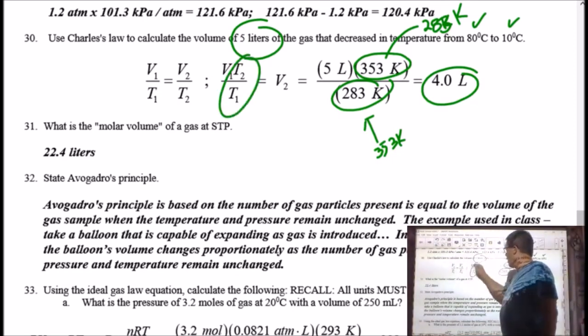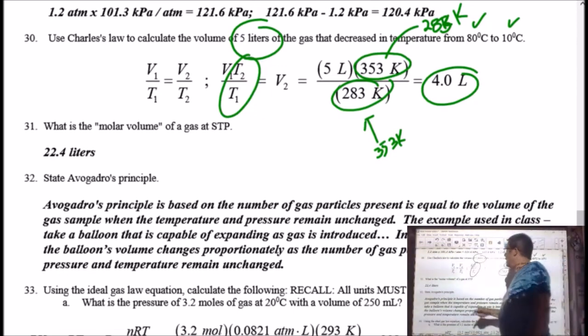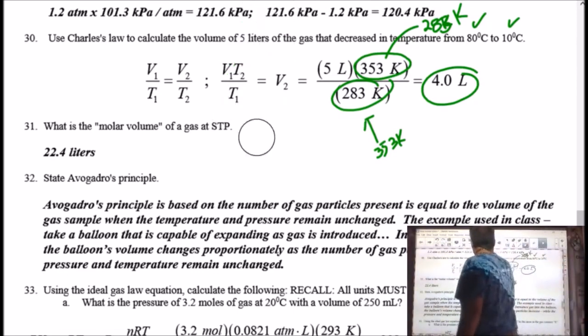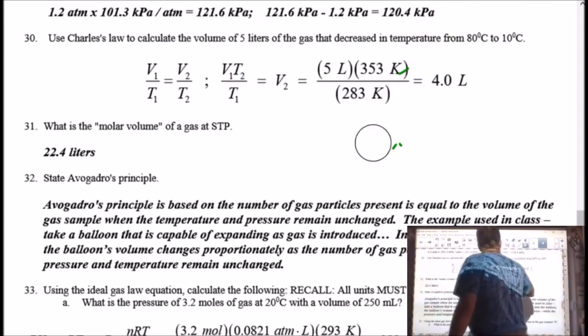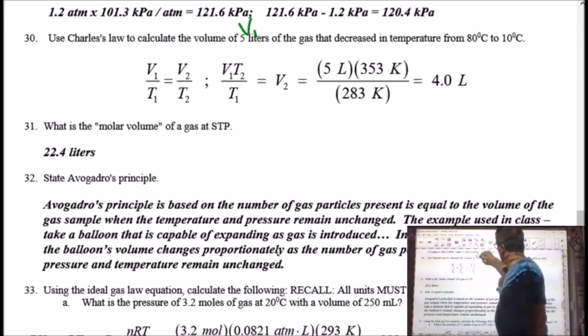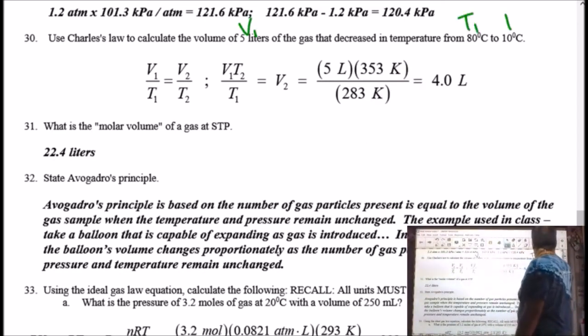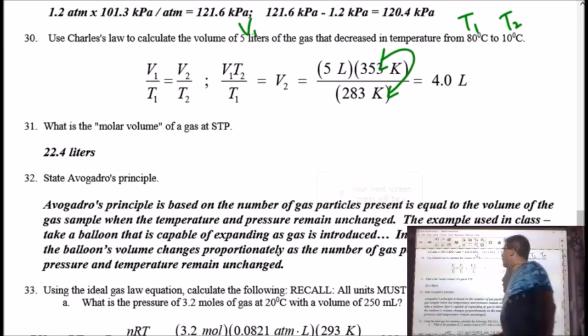Make sure that when we're putting in our values for our variables, it's not a bad idea, as you're going along, to actually write out what these things are. Like in this case here, we have V1, T1, T2, and that's why I had those two flipped, because I wasn't careful when I was typing. So be careful there.